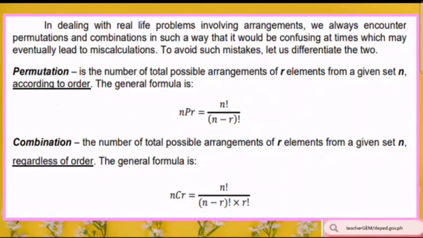Permutation is according to order, so it always has an order, a rank. Combination is regardless of order. The formula: the combination of n taken by r at a time is equal to n factorial divided by the quantity of n minus r factorial multiplied by r factorial.